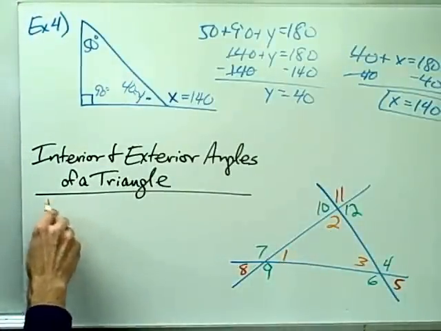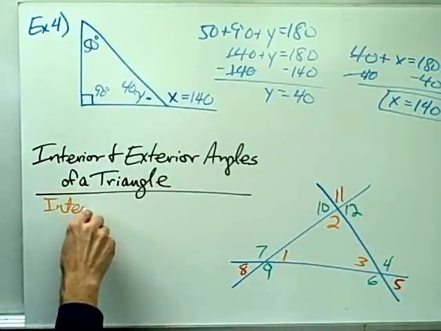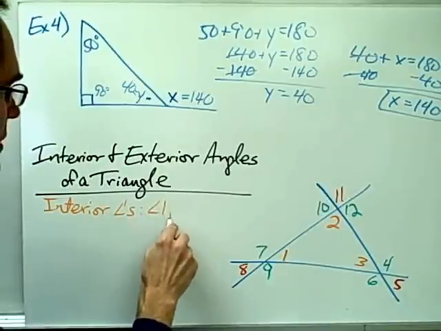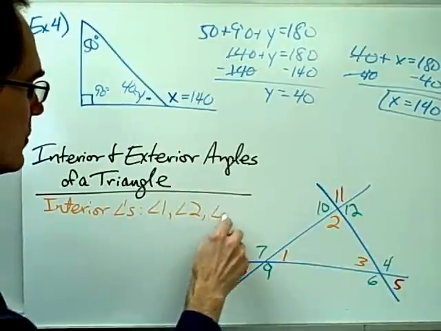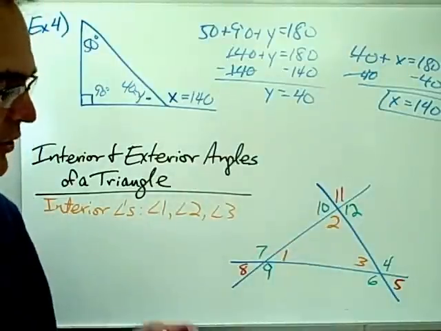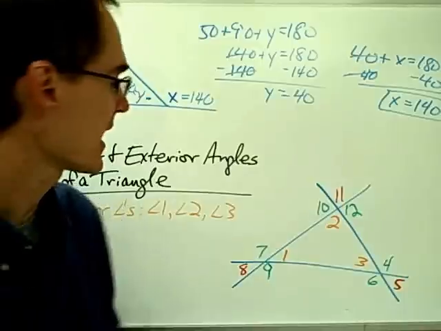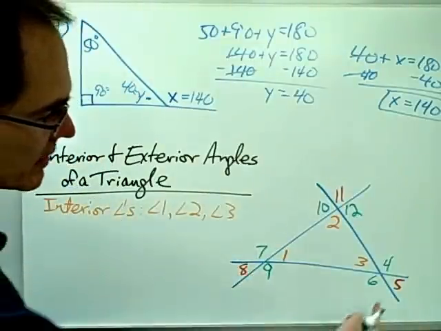Angles 1, 2, and 3 are called interior angles. So angle 1, angle 2, and angle 3, those are all interior angles of a triangle. An exterior angle of a triangle, that's these angles that I have labeled here in green.